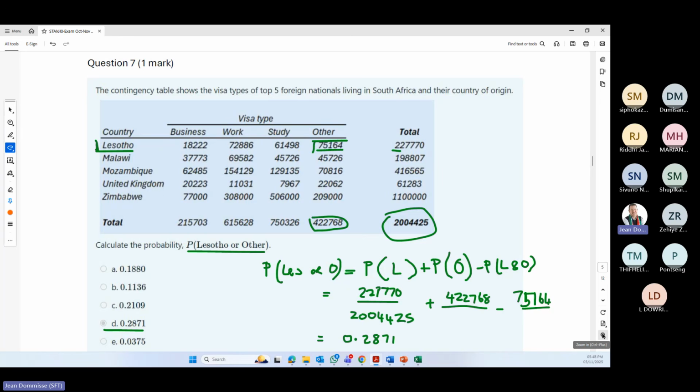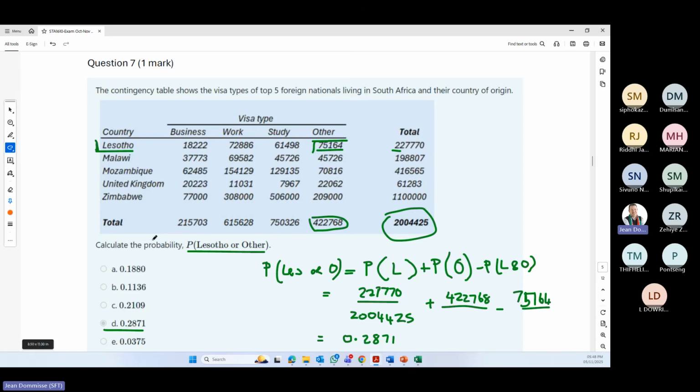Will it be possible to do a question where they ask to prove that A and B are independent? So let's do it for this data.